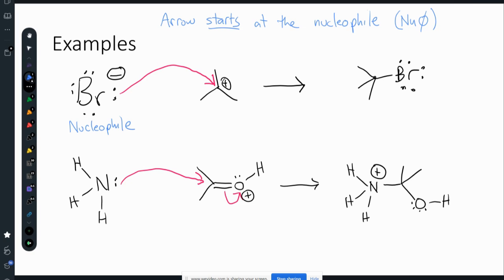In that first reaction, my second molecule is positively charged. If you're positive, you're going to seek out electrons, right? So that's going to be my electrophile. So the arrow is going to end at the electrophile.